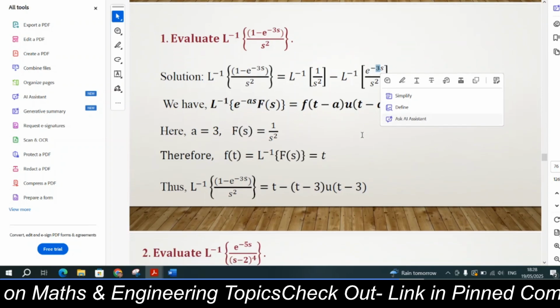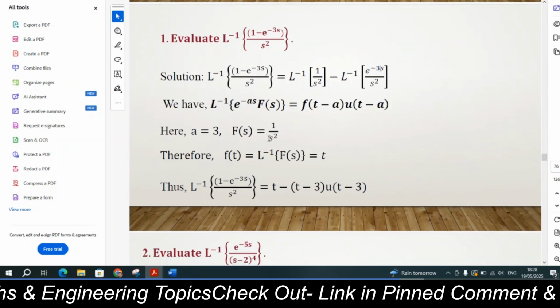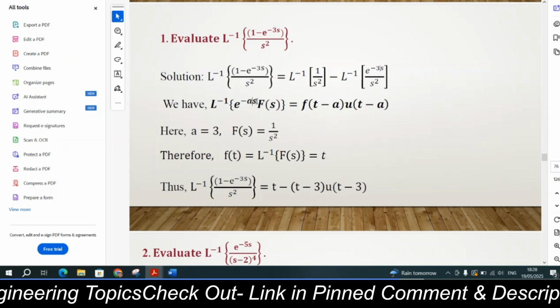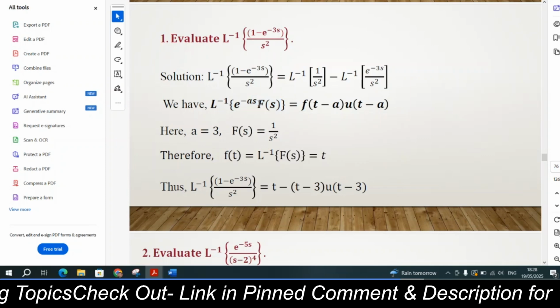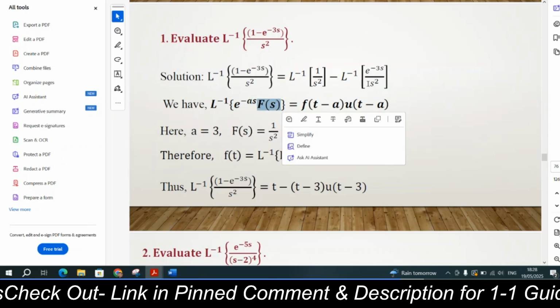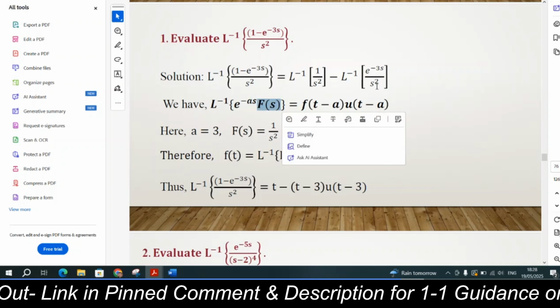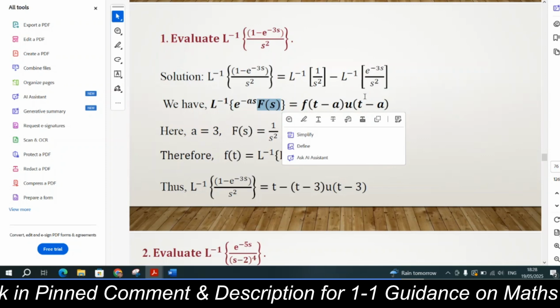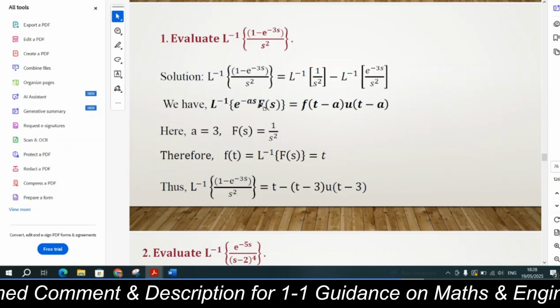Now, if you look at this, you have an e raised to minus as. So that means the number 3 will become your Heaviside shifting value a. And therefore, you'll write f of t minus a into u of t minus a. How does this work?